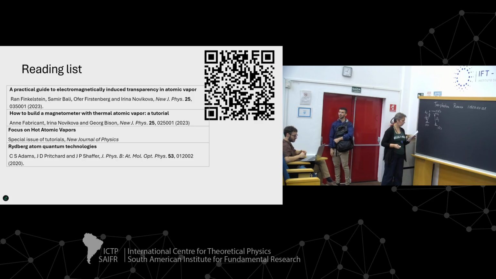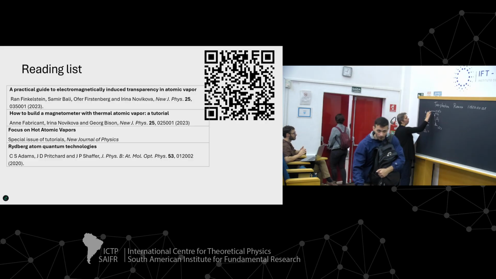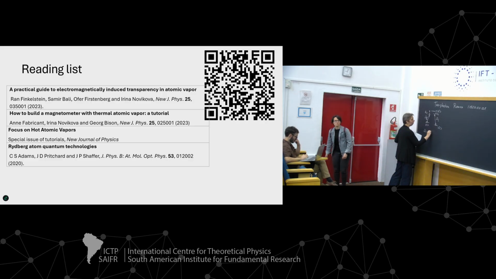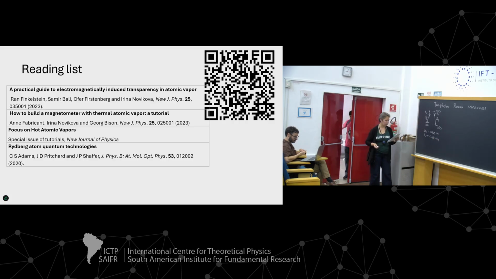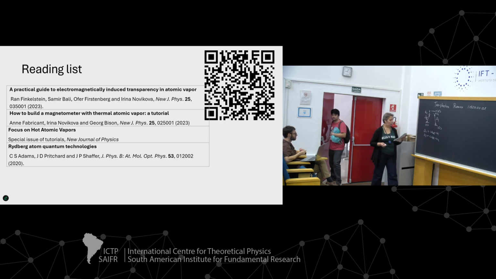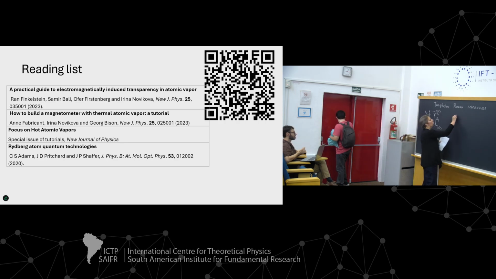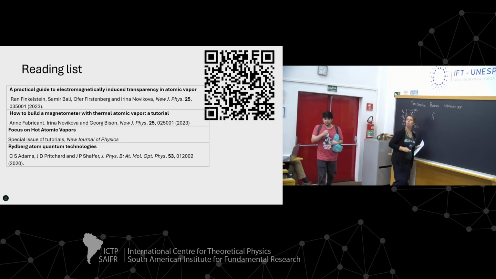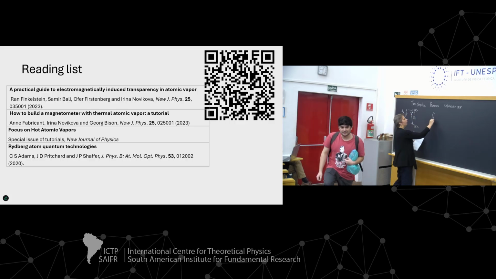OK? And again, just to specify, delta 1 will be the detuning of field 1 from the resonance AB, and the second one, correspondingly, will be the detuning of the second field from this optical transition. OK? Now, we can write down the Hamiltonian for this three-level system.